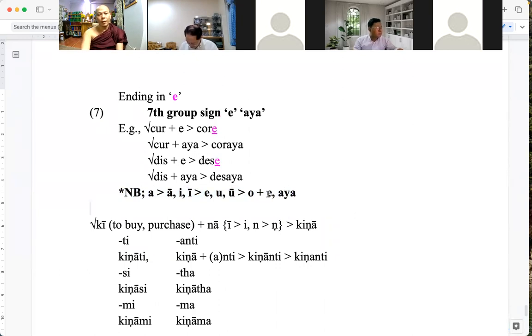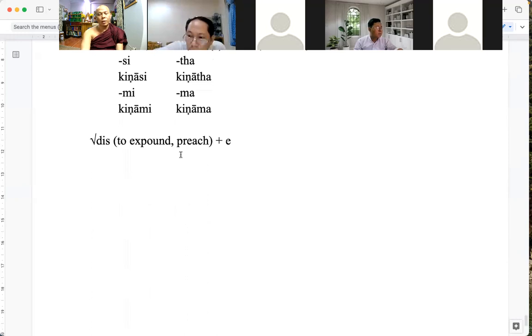So if we apply sign A or Aya, vowel changing will happen: A to R, E to A, U to O. So according to that rule, that formula, by applying A sign, this root vowel E is changed to A. That is, we have the Dese base. Okay, Dese base.